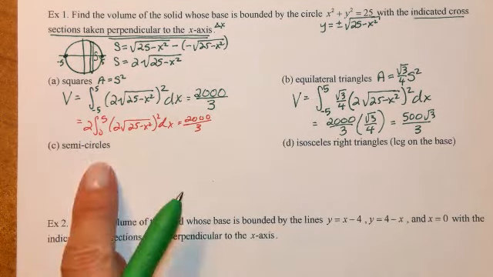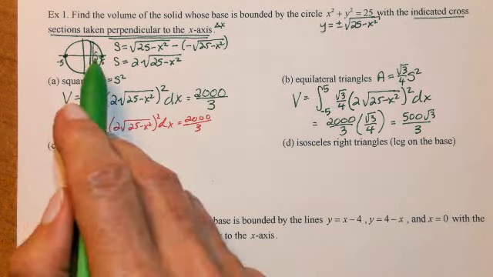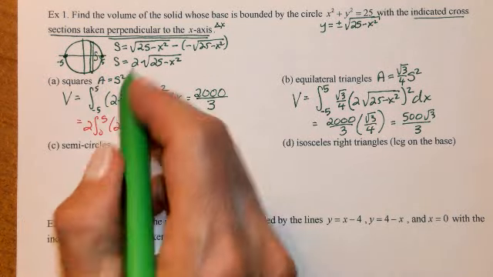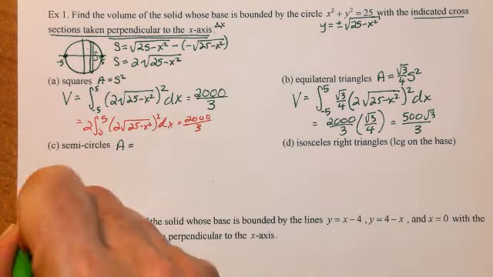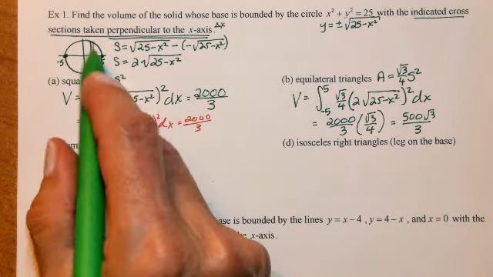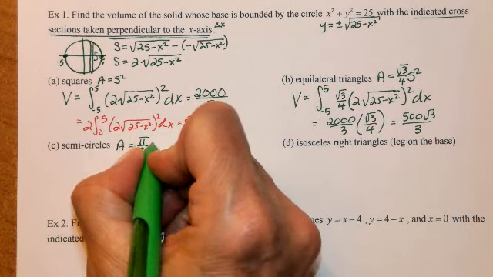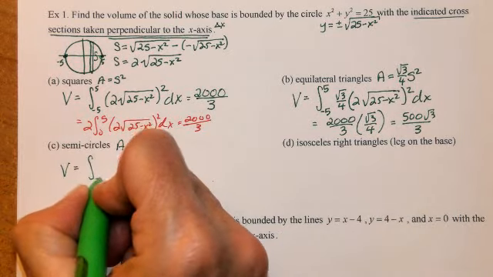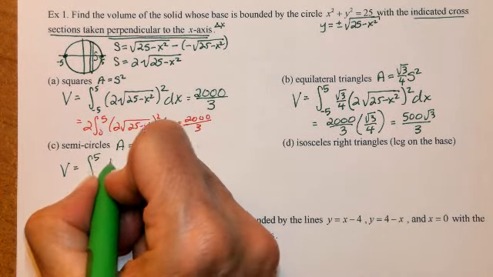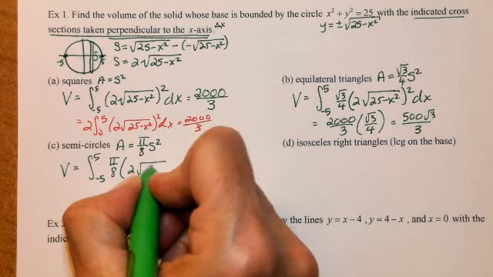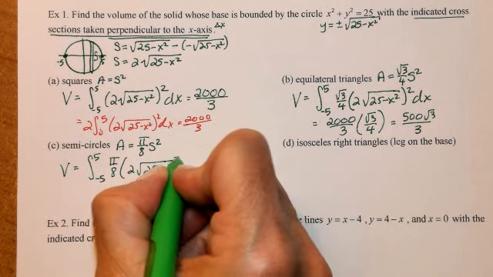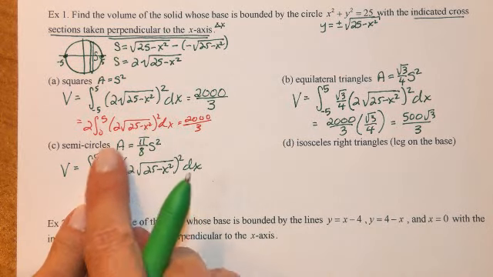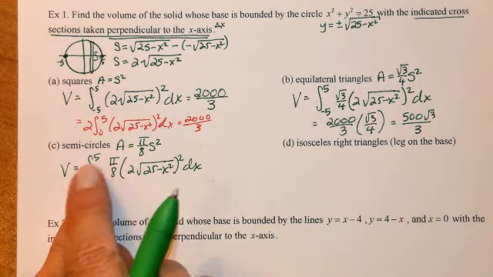Next up, semicircles. So now each cross section is a semicircle. So this has to be the diameter of that semicircle. So the area of the semicircle in terms of side for the diameter will be, again, pi over 8 side squared. So the volume will be the integral, -5 to 5 again, pi over 8 side squared, which is the same thing as we had at the beginning, except for this factor of pi over 8, which we can take out.